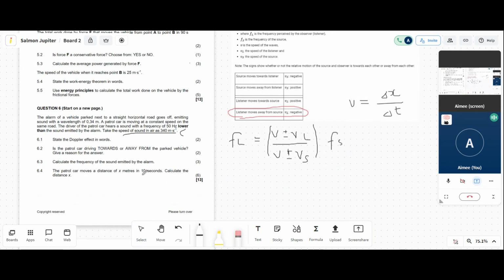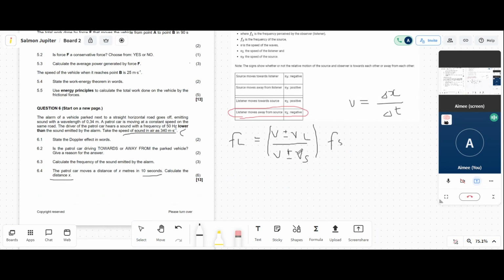We have time, we're looking for distance, so we need to calculate velocity. We're trying to see how far the patrol car moves, and the patrol car, as we've already determined, is the listener. So we are looking for the velocity of the listener. Knowing this, we substitute in everything we know.